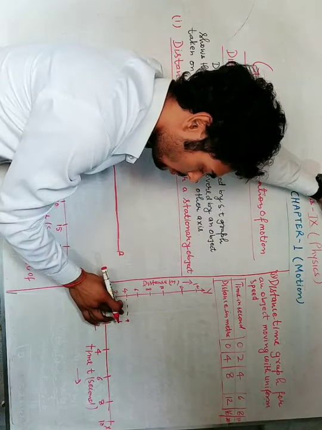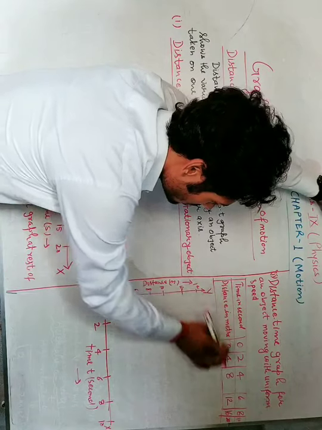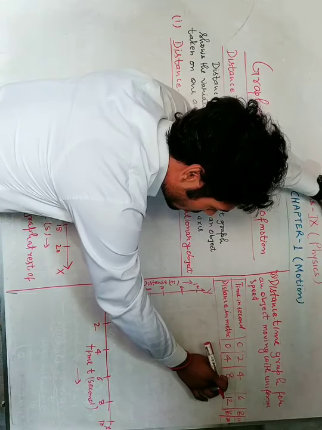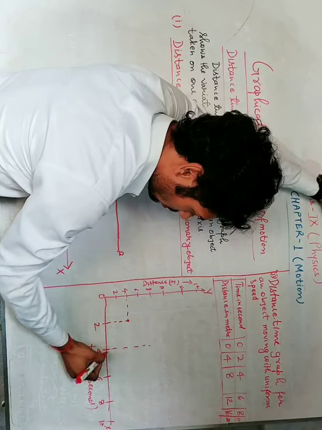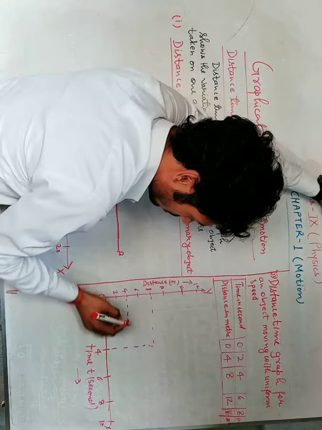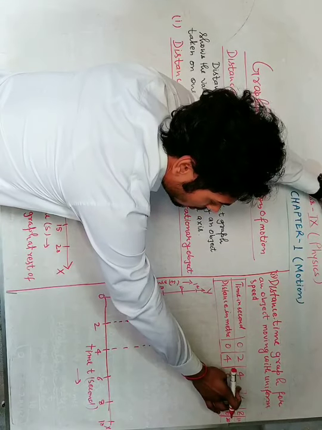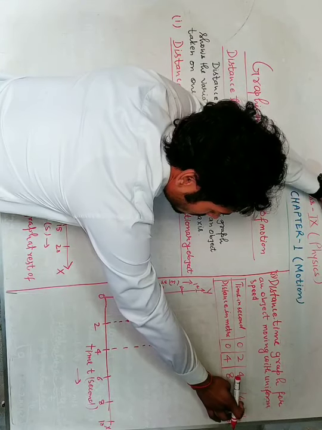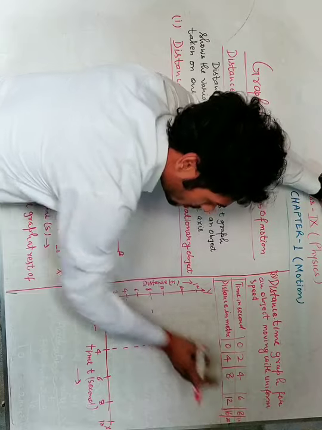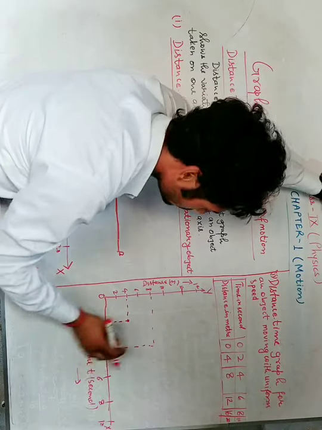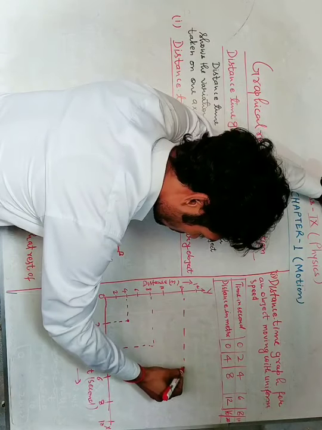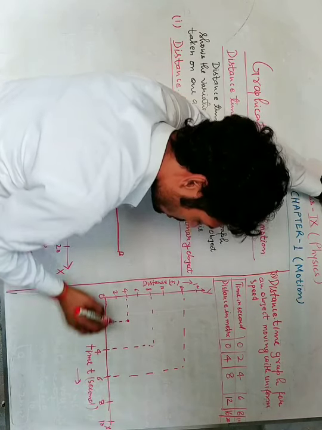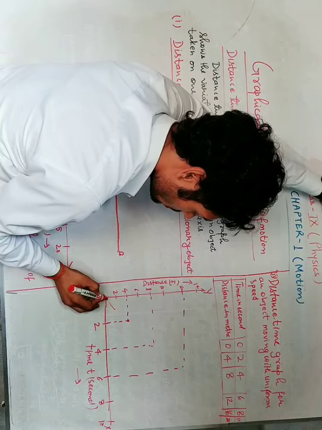This is the first point, and next it travels 8 meter in 4 seconds. And next, at 6 seconds the distance traveled is 12 meter. So in this way we can draw the graph as a straight line.